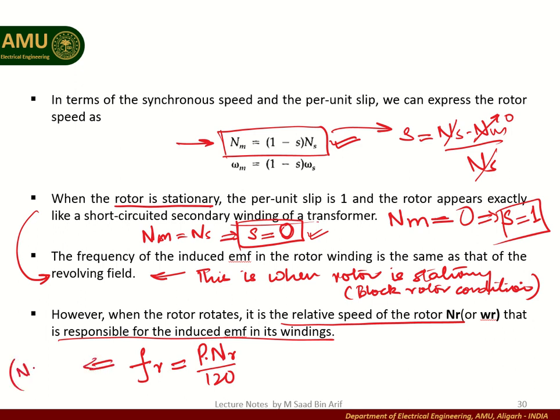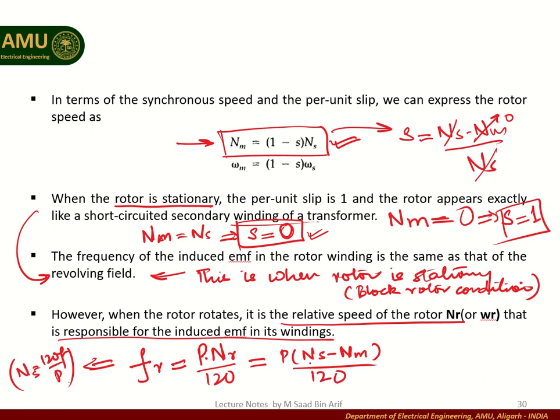We know that N is equal to 120 F by P. So Ns is equal to 120 Fs by P. So Fr is P Nr upon 120, and this is nothing but P into Ns minus Nm upon 120.